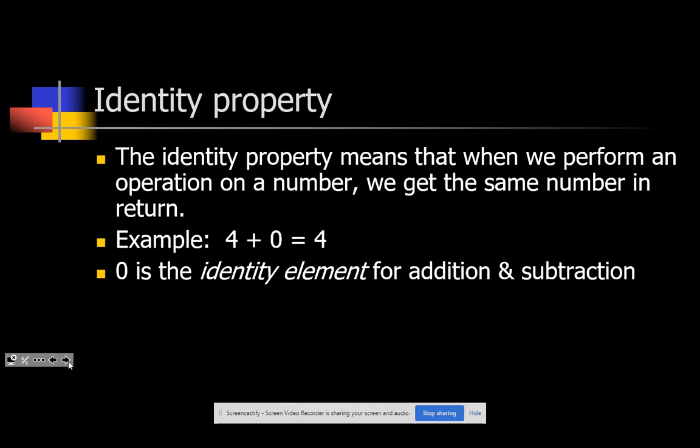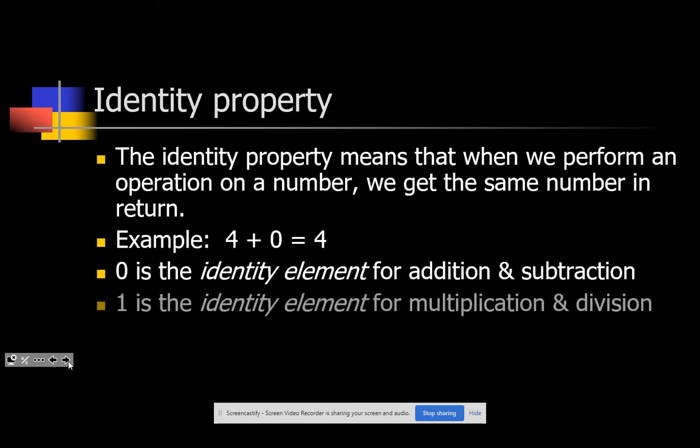Because 0 is the number that we add or subtract to get the same thing, we call 0 the identity element for addition and subtraction. For multiplication and division, 1 will be our identity element. When you multiply by 1 or divide by 1, you get the exact same number or variable.